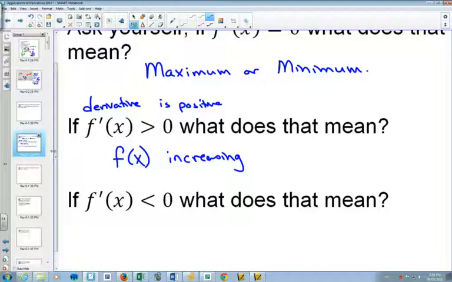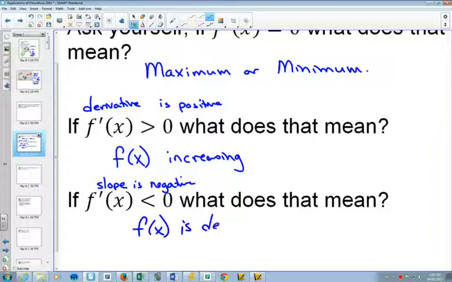And where our derivative, our slope of our tangent, is negative, that means that our original function is decreasing.